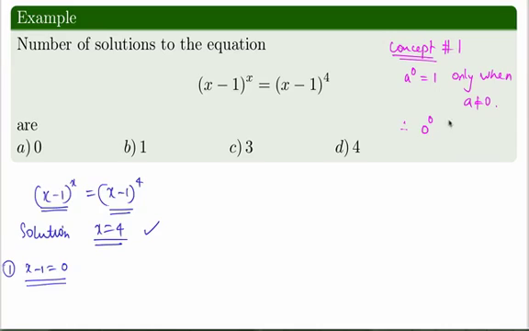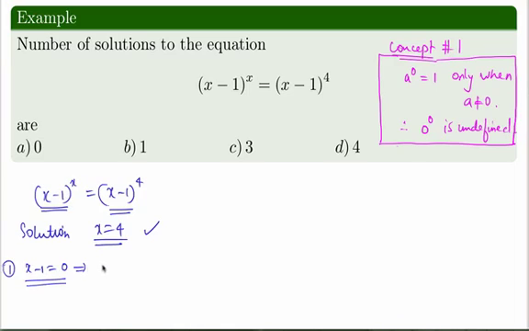Therefore 0 raised to 0 is undefined. That's why we are not allowing it. Yeah, so this is a very important concept. 0 raised to 0 is undefined. Okay, so we need to make sure that we don't get 0 raised to 0 here.